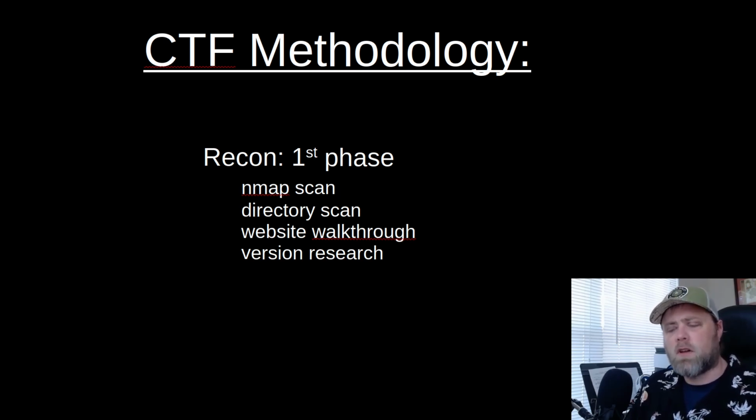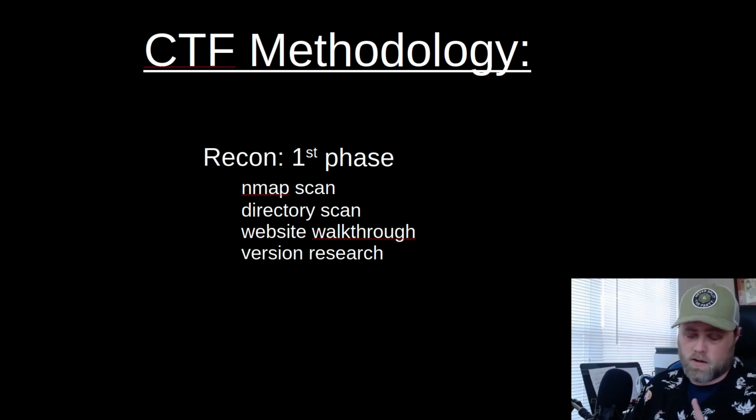Version research. I'm actually surprised to come across how many people have a hard time with this. Version research, vulnerability research, is really not that hard to get started. It can be kind of hard to figure out what vulnerability it is you need to try. Yes, I'll grant that. But getting started isn't. Let's take Apache, right? Scanning a box, see it's got a website up and it's running Apache.